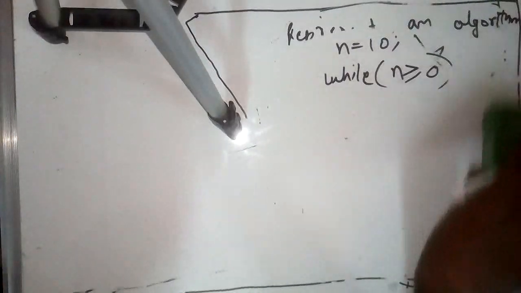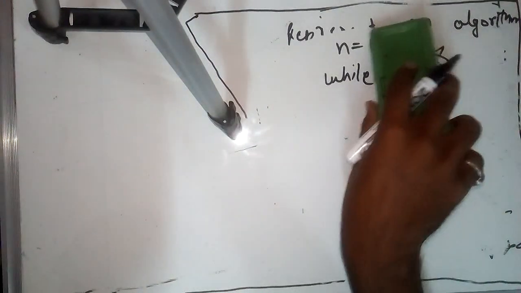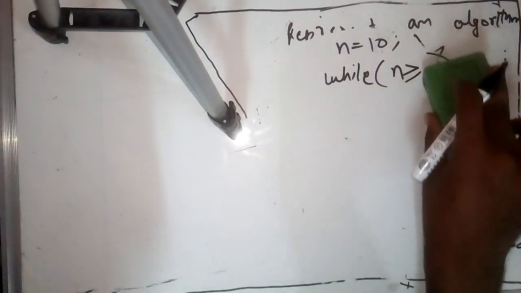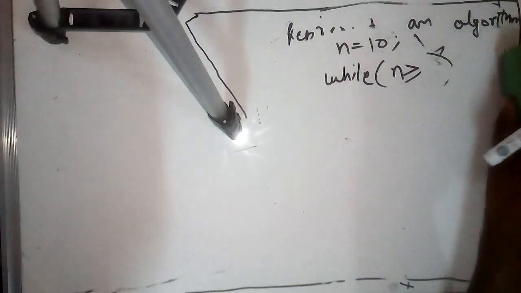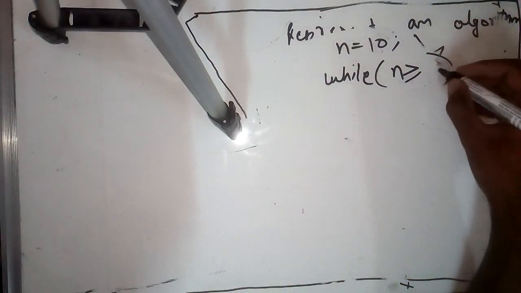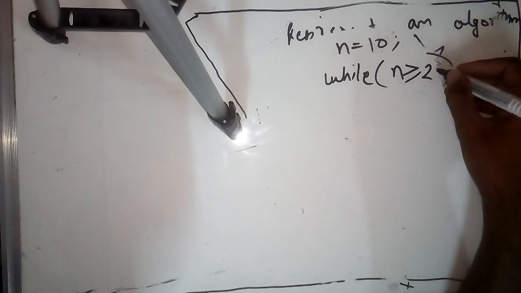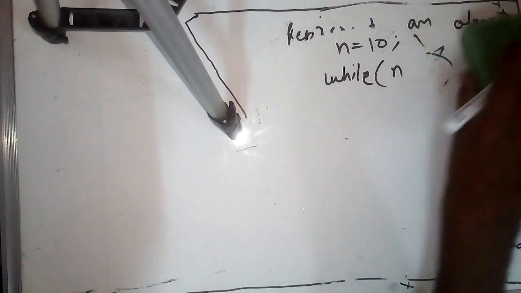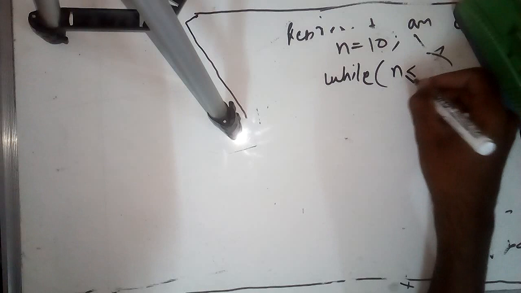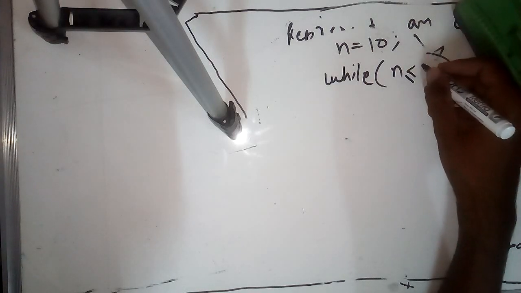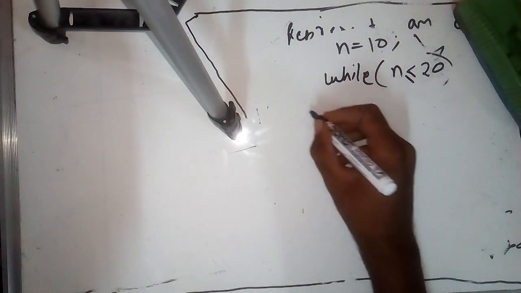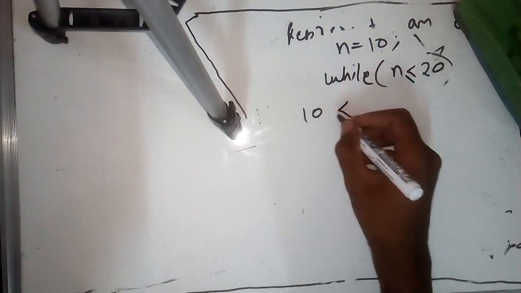So we basically have a loop here. The value of n is 10, but the value of this limit is 20. So the value of n is 10, and 10 is less than or equal to 20.